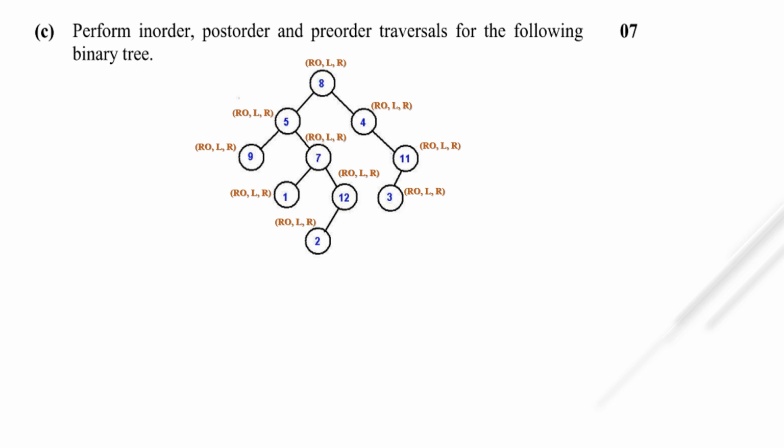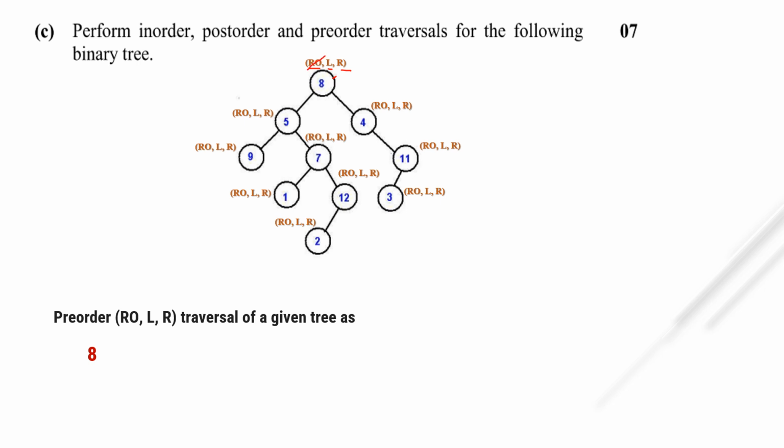Simultaneously we are going to perform the pre-order of this tree which was asked in the GATE examination. For pre-order, first the root will be processed, then the left subtree and then the right subtree. Here 8 will be processed first, so 8 will be the answer. Now we have to go to the left subtree.